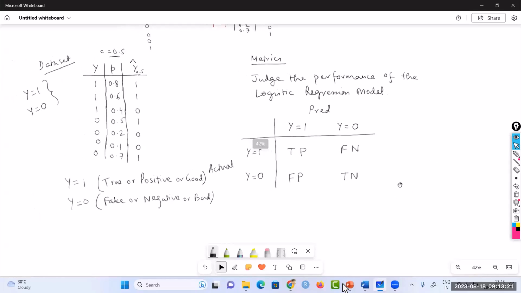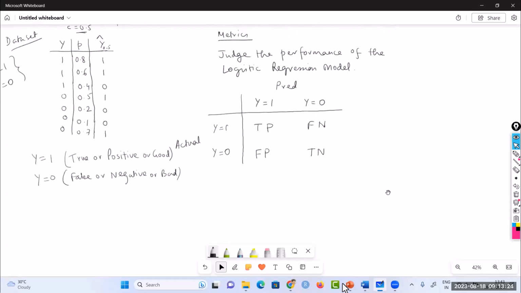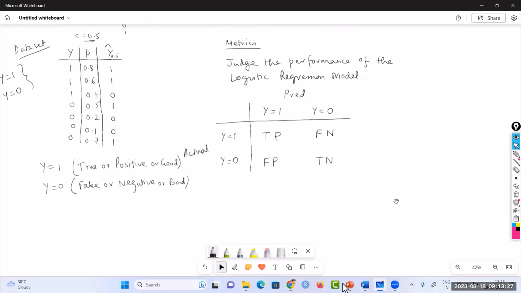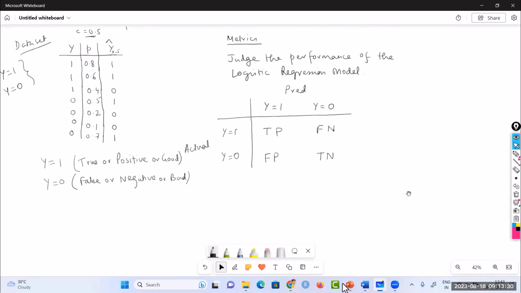Now coming to the different metrics. First we will discuss accuracy. What is accuracy? This is the proportion of correctly classified observations, that is, the proportion of observations that are correctly classified.